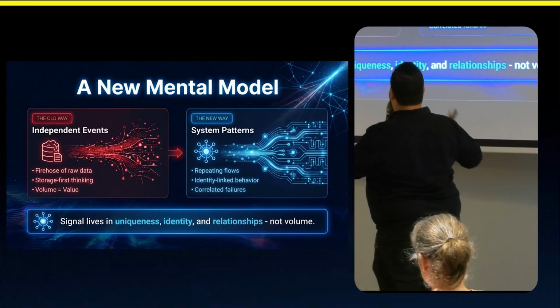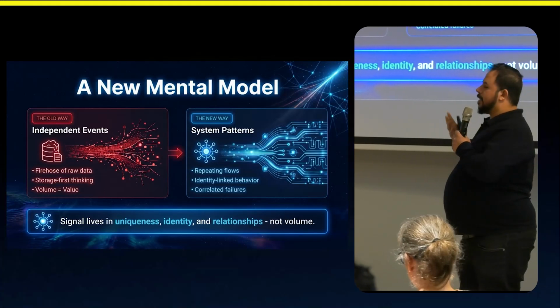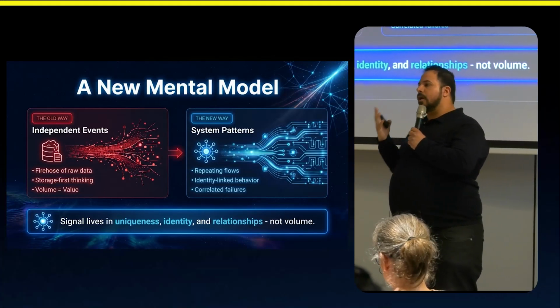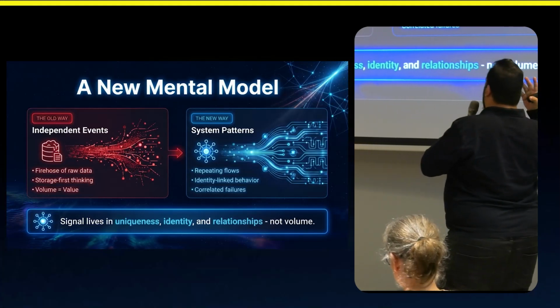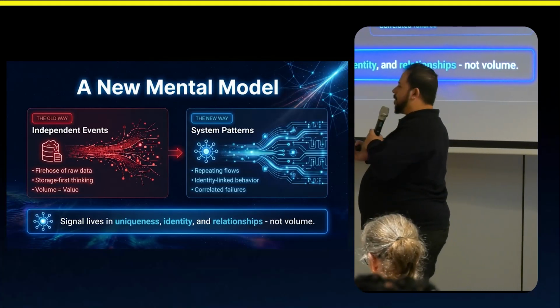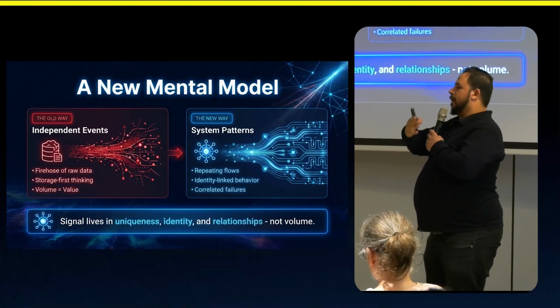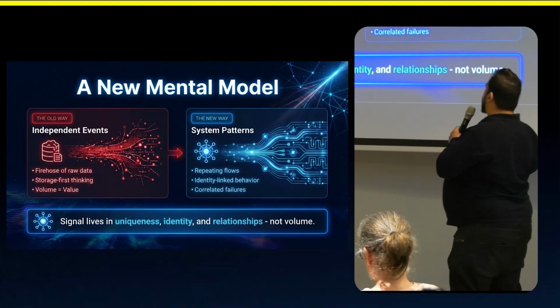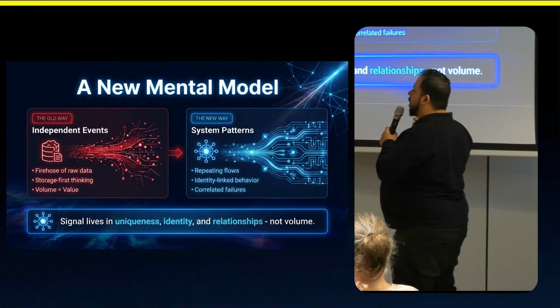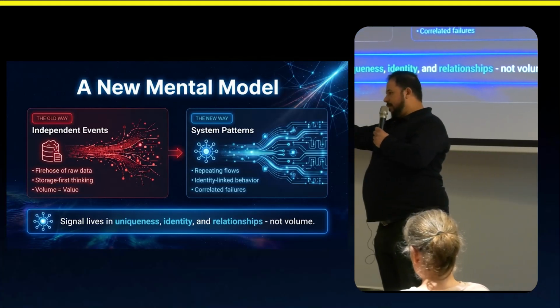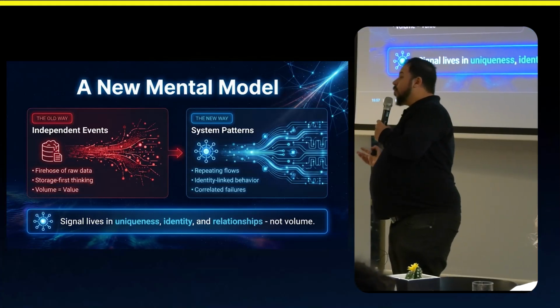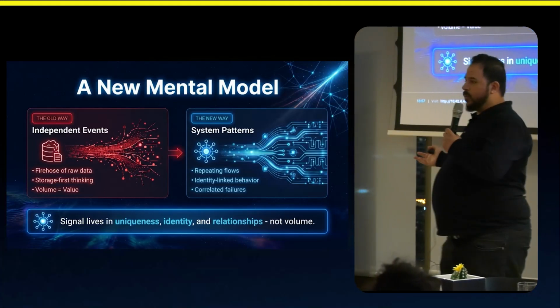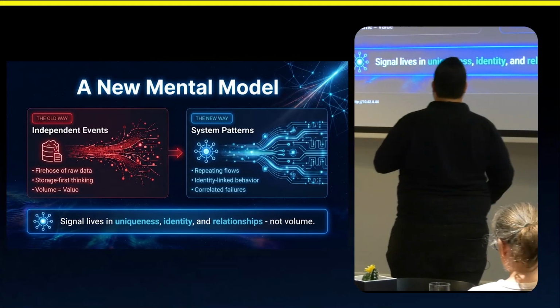But if you look at it in a new way, you understand that what we're looking for are not logs, but patterns. That's what's interesting. We're looking for identity-linked behavior, a user journey, a context, a correlated flow, so we can understand what really happened in our systems when an incident happens, or whenever we want to understand what happens in production.